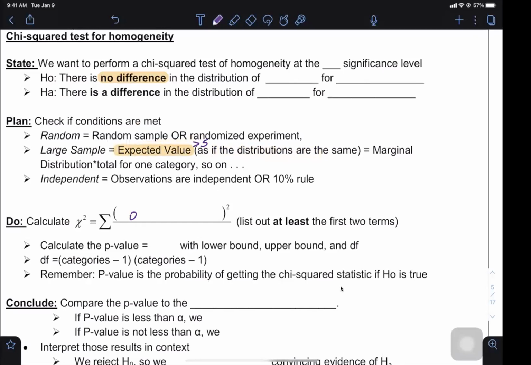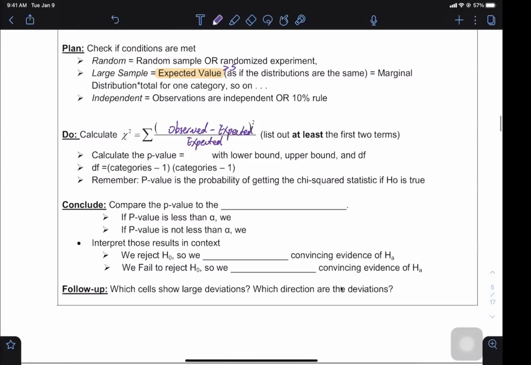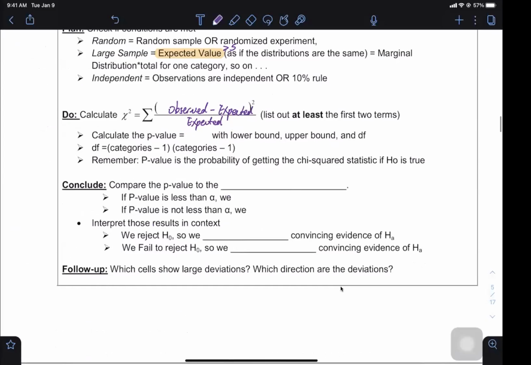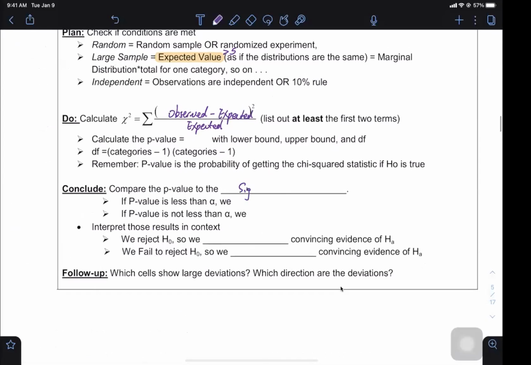And then the chi-square statistic is observed minus expected, squared, over expected. And calculate the p-value with lower bound, upper bound, and degree of freedom. And then compare the p-value to the significance level.